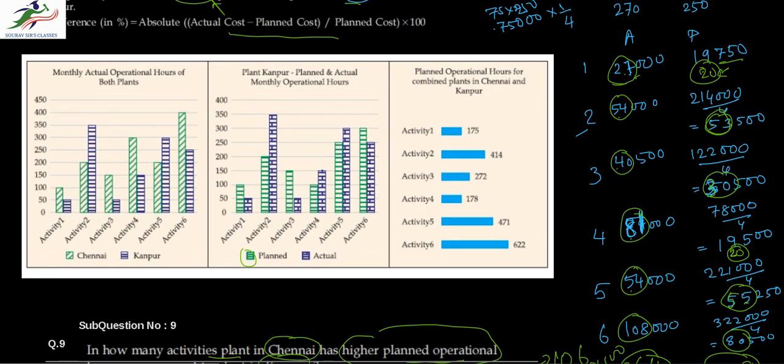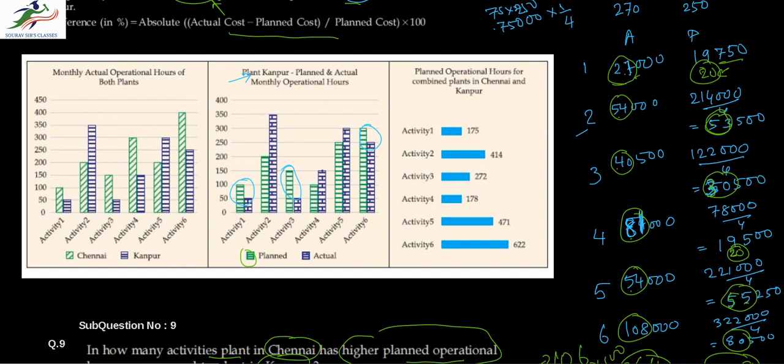So activity 1 in Kanpur plant, planned is more than actual, and in activity 3, planned is more than actual, and in activity 6, planned is more than actual. So there are 3 activities where we have a shortfall in the actual hours as compared to the planned hours in Kanpur plant.